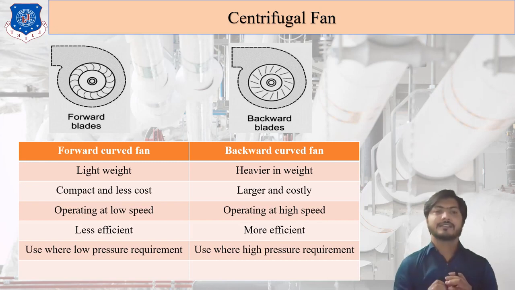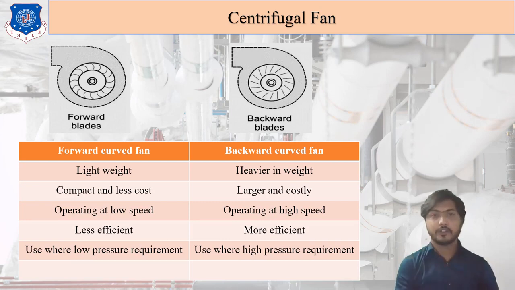The forward curved fan is less efficient, while the backward curved fan is more efficient. The forward curved fan is used where the pressure requirement is low, and the backward curved where pressure is high. We already discussed this centrifugal fan in depth in hydraulic machines.